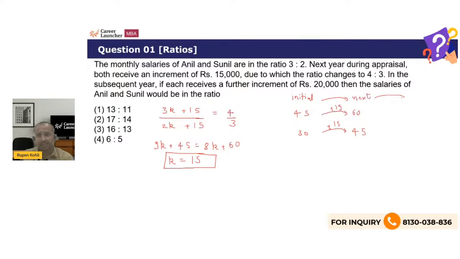Then in the following year, they'll get an increment of 20,000 each, so 60 will become 80 and 45 will become 65. So 80 is to 65 is the ratio. 5 can be cancelled and we're getting 16 is to 13. So option 3 is your answer.